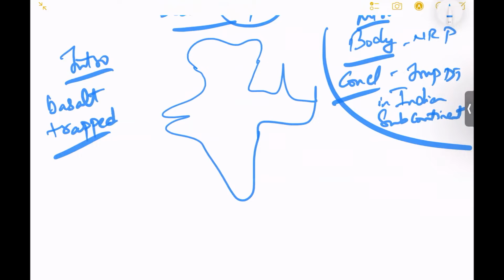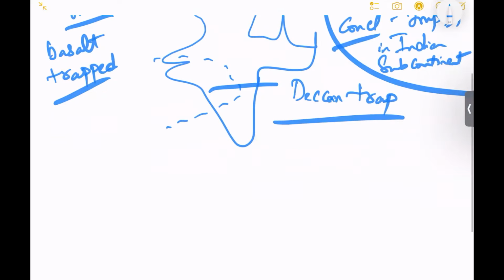Everyone knows that. So this particular area is called Deccan Trap. So obviously you need to draw the India map and explain the area of Deccan Trap.